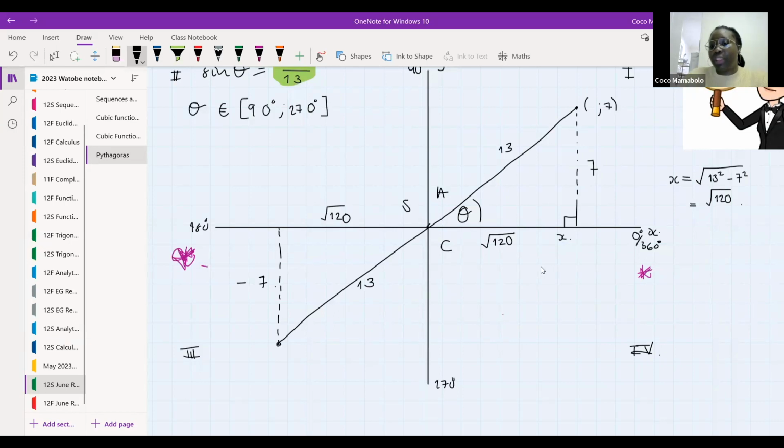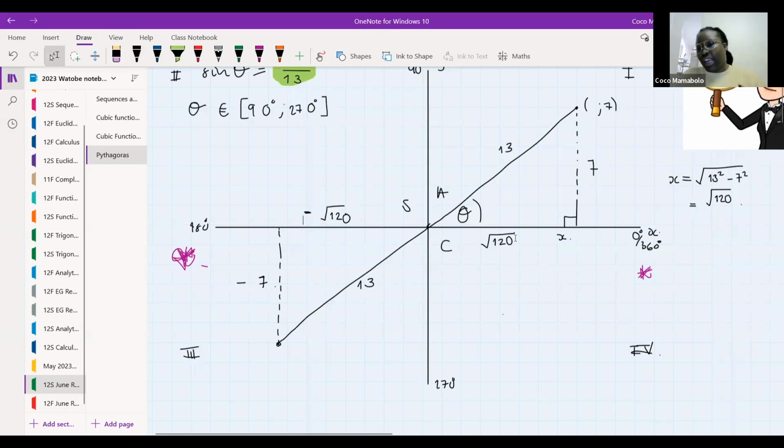Good, Nolutando, 100%. It's negative, because it is an x value, but it's sitting on the negative x value side. So this must then become negative as well.